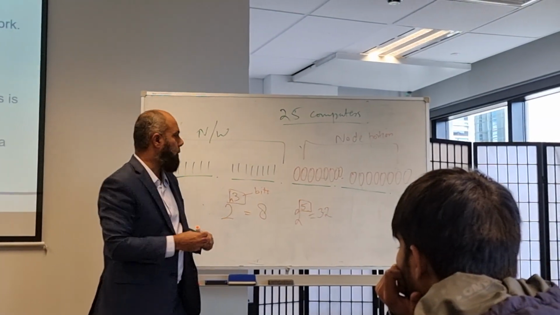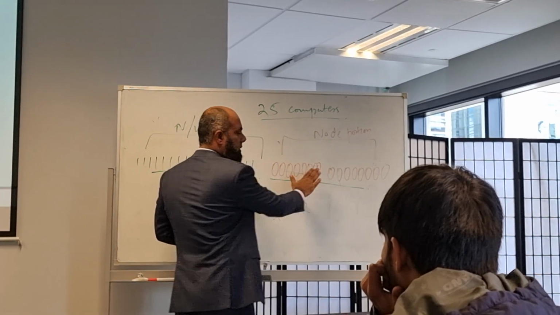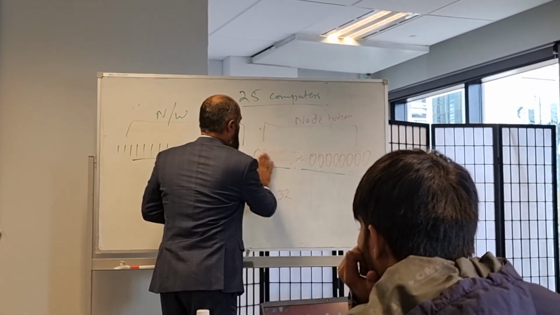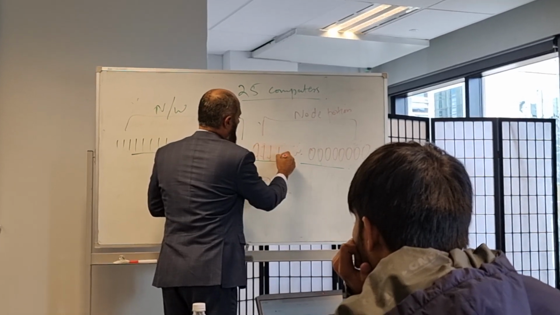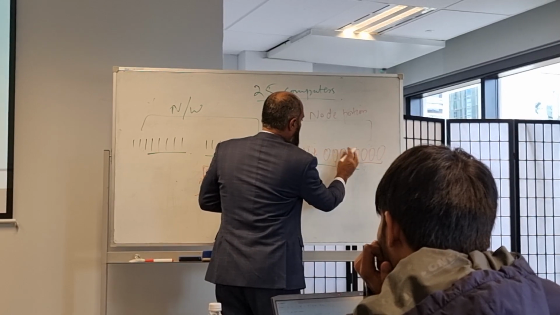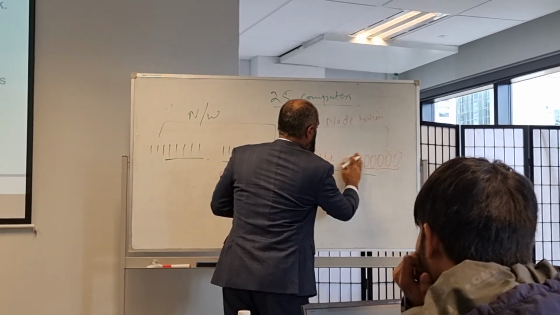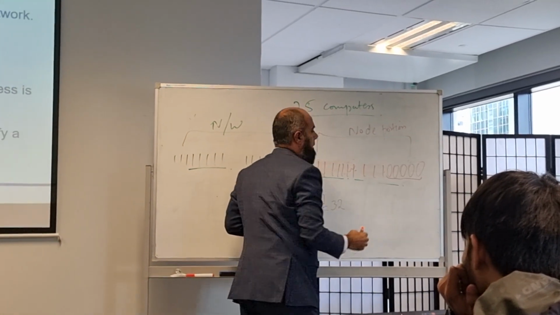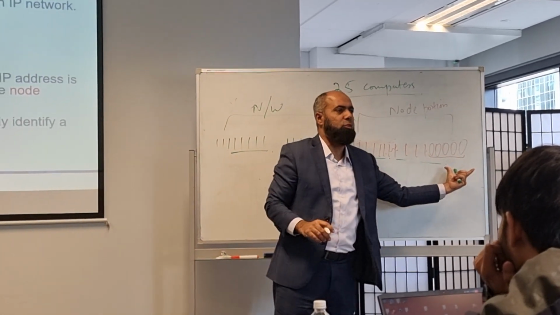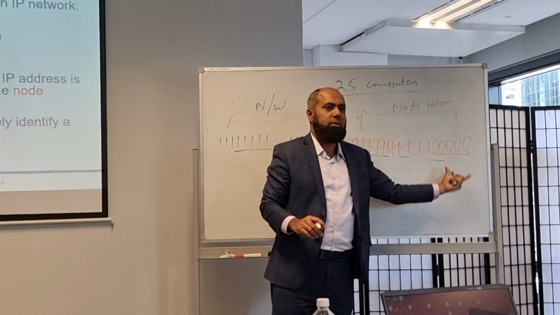Rather than making all of them zeros, because this is the maximum we have, I make just these 5 zeros. These are 5 free bits which I can use.